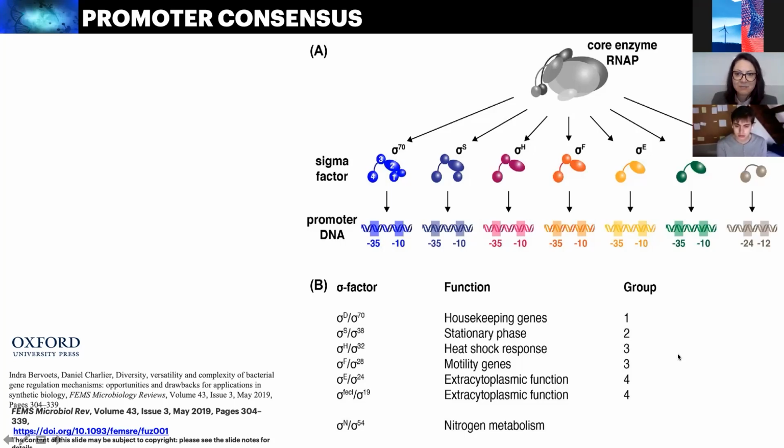sigma S, sigma H, sigma F, every one of the sigmas is named after the gene that expresses them or their molecular weight.